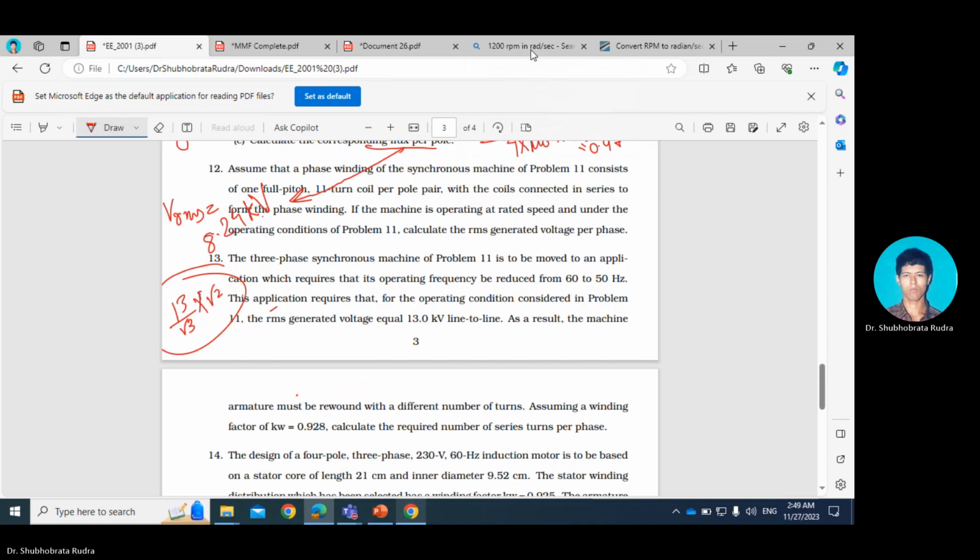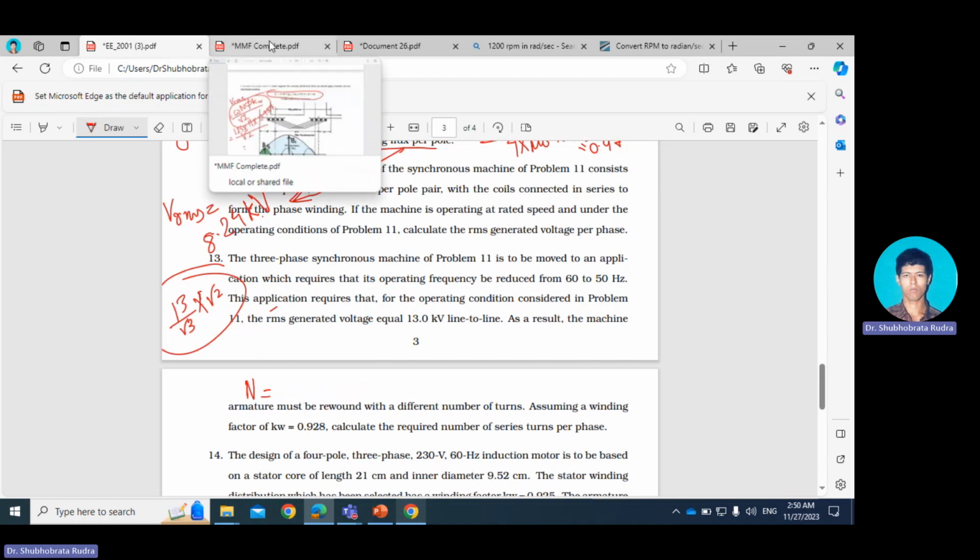We have to find out the required number of series turns. So what is there? Here we can write that this number of series turns N is equal to TPH into your 3, but let us keep it to N. So the total number of series turns here is how much?